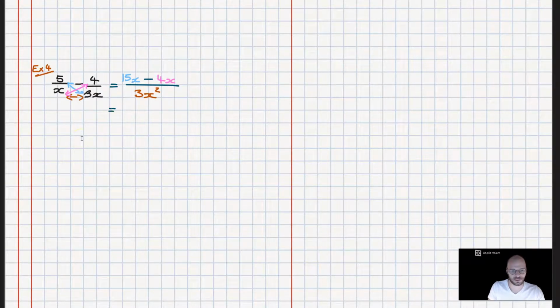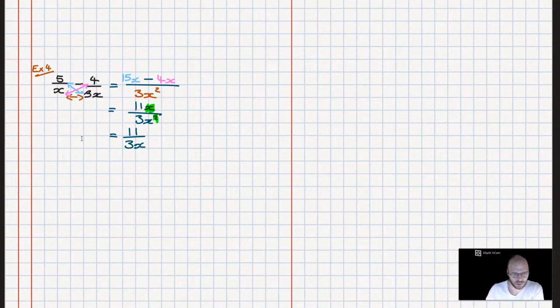Collecting like terms in the numerator, 15 take 4 is 11x, all over 3x squared. Now simplifying this out, we have a single x in the numerator and two x's in the denominator. So we're going to cancel the x with the x squared. So what we end up with is 11 over 3x.